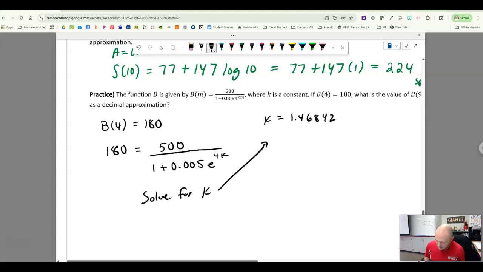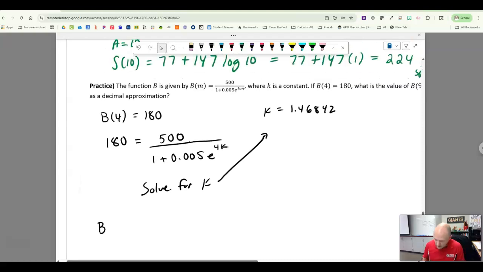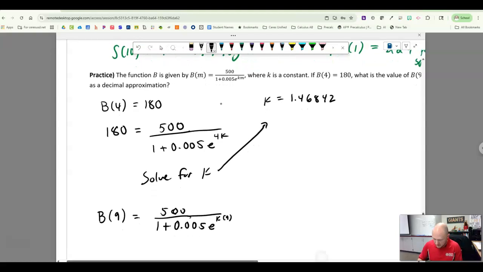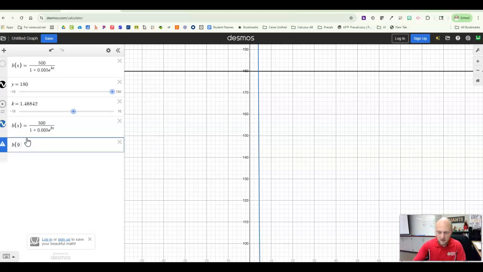Then my function B of m, they want to know what's B of 9. So B of 9 is equal to 500 divided by 1 plus 0.005 e to the power of k times 9. We'll use graphing technology for that. Now that I have my function defined, we can ask, what is B of 9?